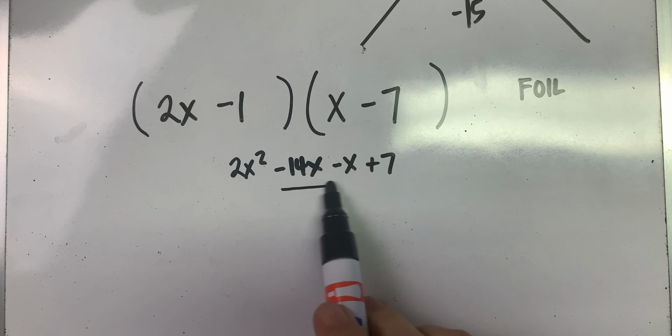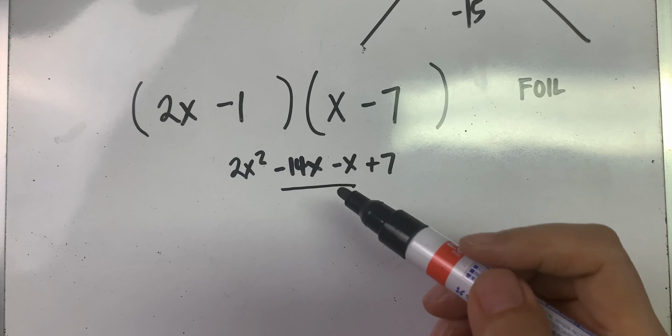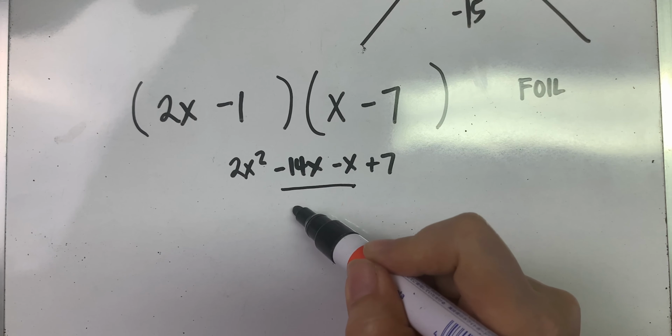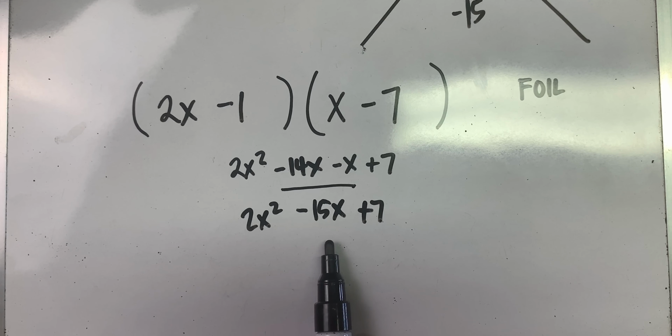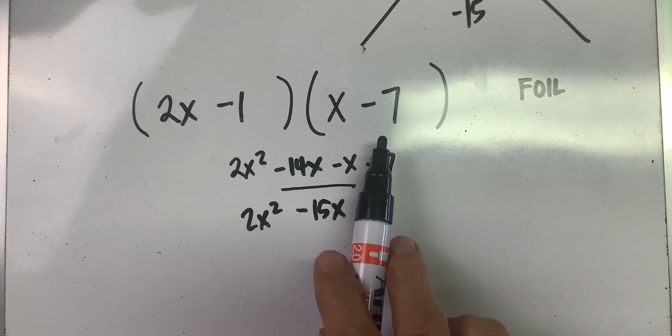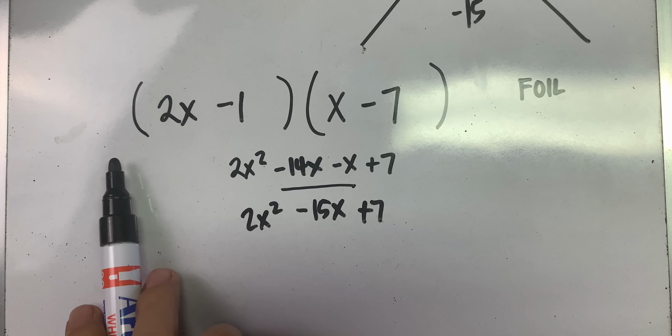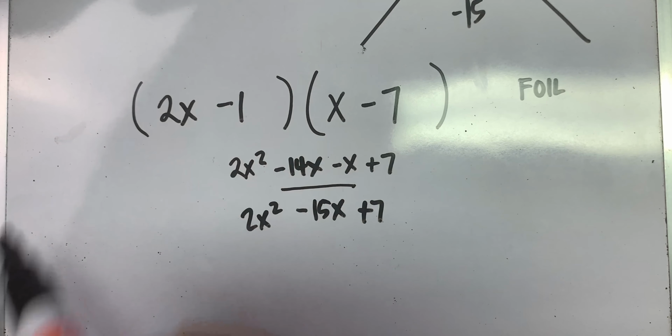So combine natin tong dalawang like terms na to, negative 14 and negative 1, negative 15x. And then just copy the rest. Okay, so this one is the answer for this. So therefore our factors is correct.